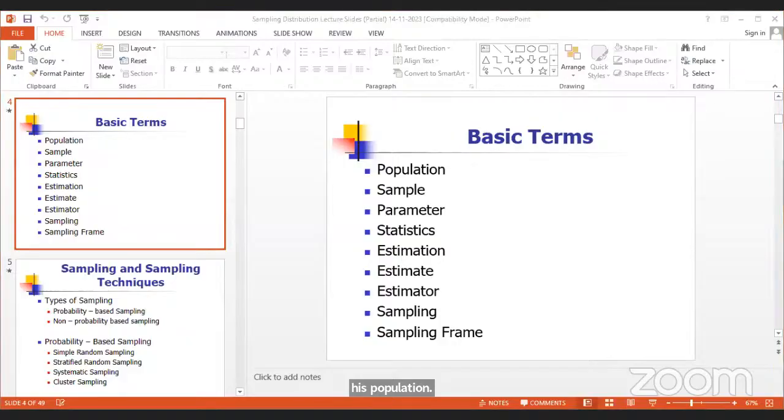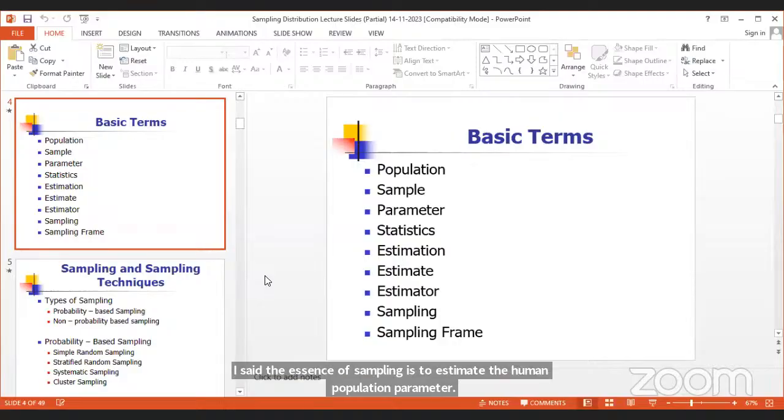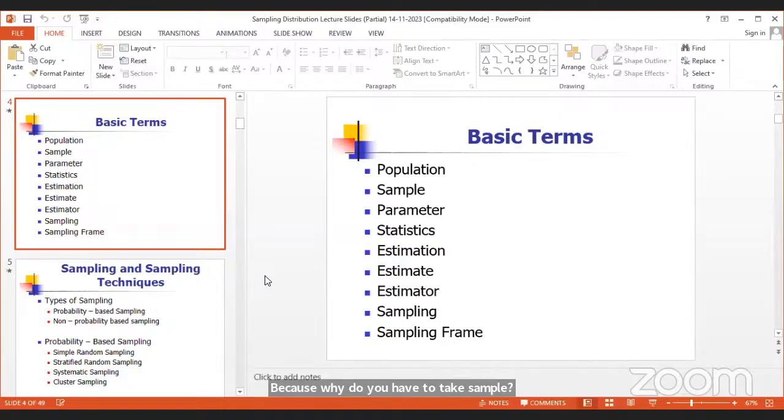And then we also defined sample, that a sample is a fractional part of a population. That small part, that subset of a population is called our sample. And I said the essence of sampling is to estimate the unknown population parameter. Because why do you have to take a sample? You're taking a sample because you don't have full detail of that population.